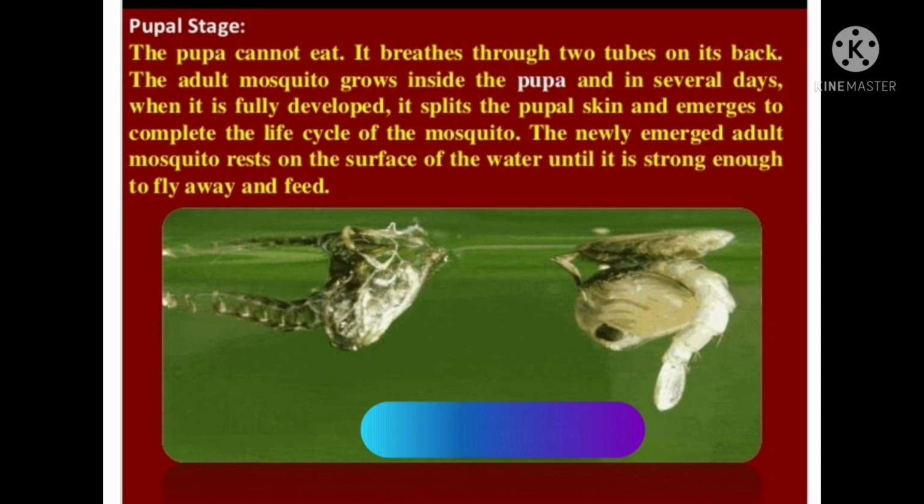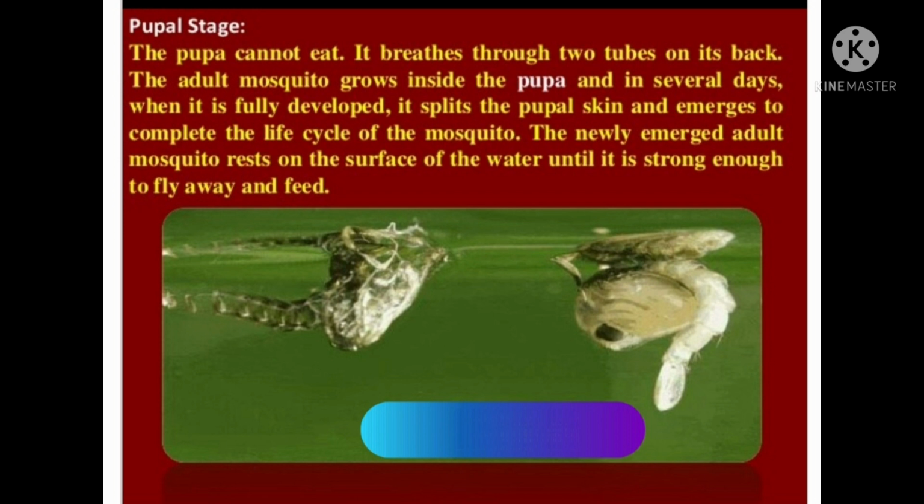The newly emerged adult mosquito rests on the surface of water until it is strong enough to fly away and feed. After being hungry for the whole stage of development of the pupa, the fully developed mosquito gets ready to feed.